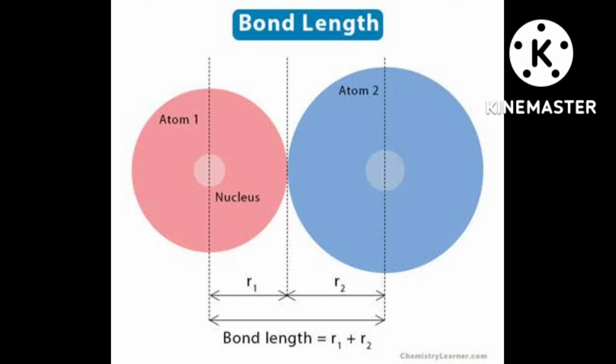Sodium, when it loses one electron in the gaseous state, releases 495.8 kilojoule per mole, meaning an exothermic reaction. And when chlorine takes one electron to form chloride ion in the gaseous state, it absorbs only 348.7 kilojoule per mole.